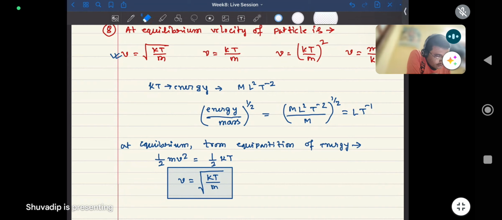But if there is some other option like v is equal to root over 2kT by m, in that scenario you have to know the idea that, due to equipartition of energy, each degree of freedom of the particle will get thermal energy associated with it, which is half kT.